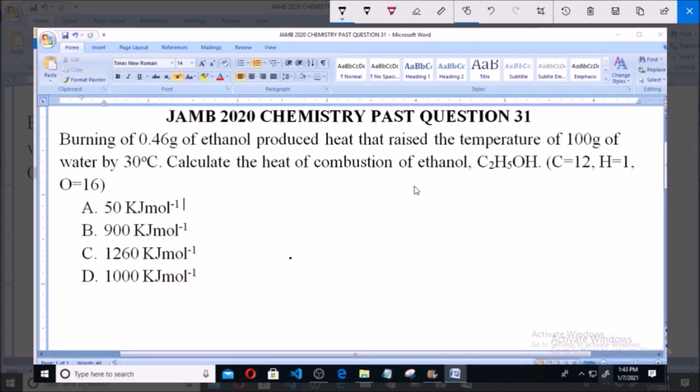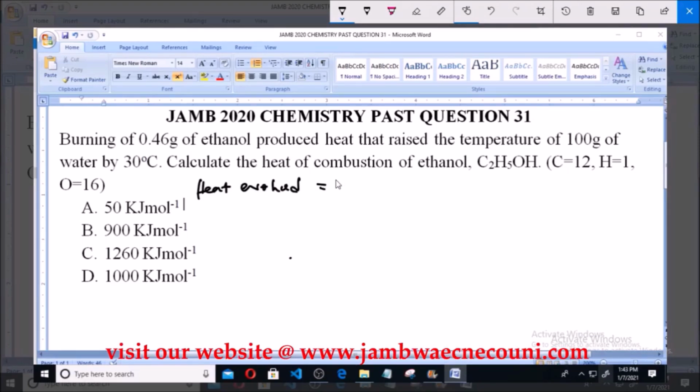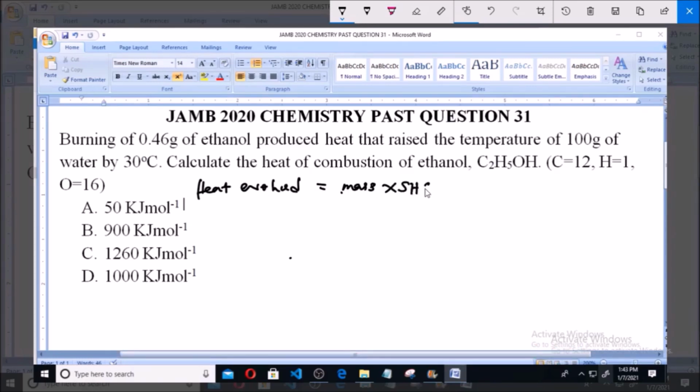So therefore we can say that heat evolved is equal to mass of water multiplied by the specific heat capacity of water multiplied by the temperature rise of water, and that is equal to the mass of water, 100 gram, multiplied by 4.2, which is the specific heat capacity of water, multiplied by the temperature rise, which is 30, and this will give us 12,600 joules. So this is the heat that was evolved in the combustion of ethanol.